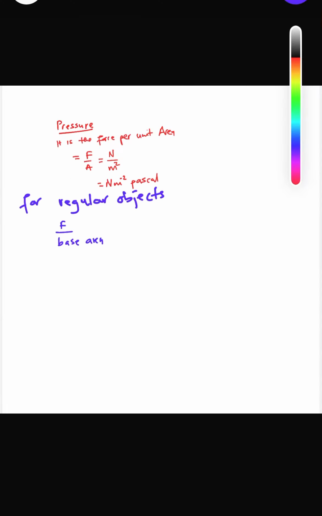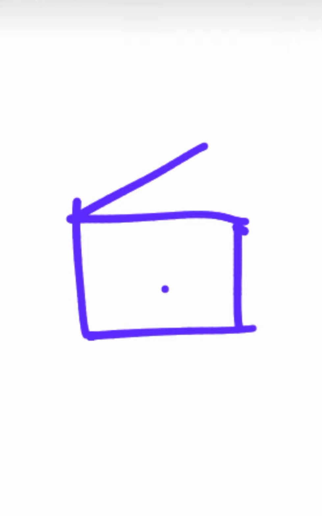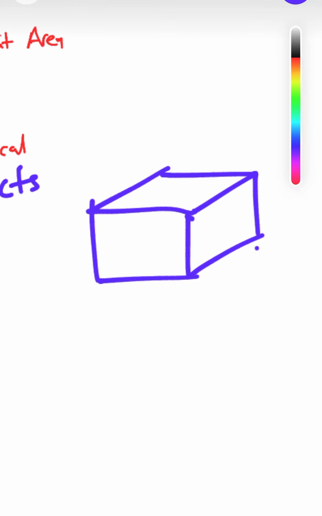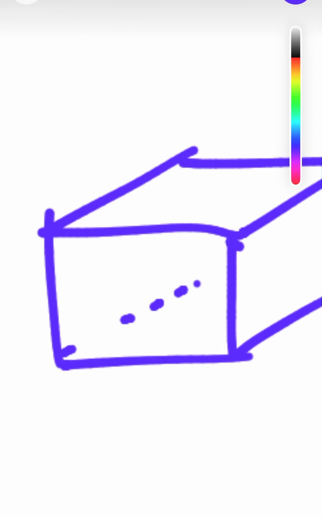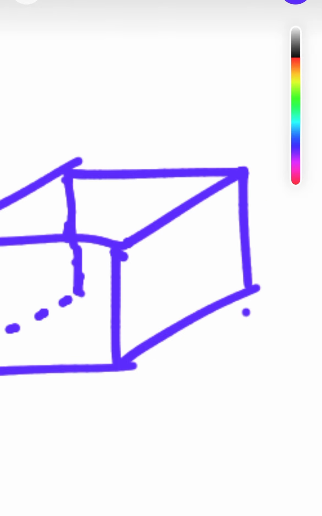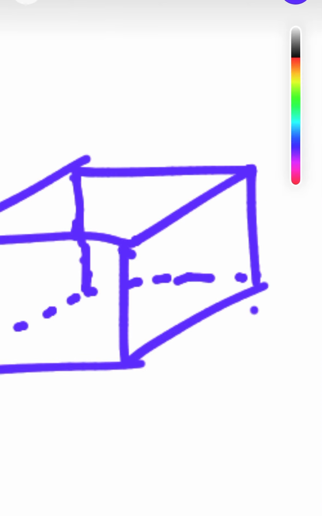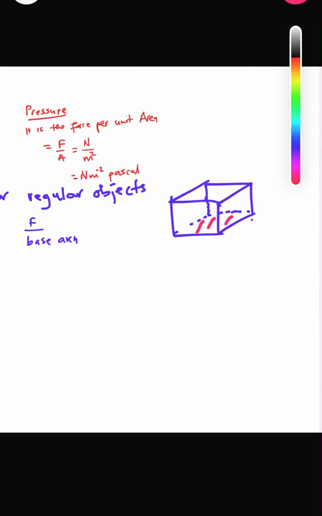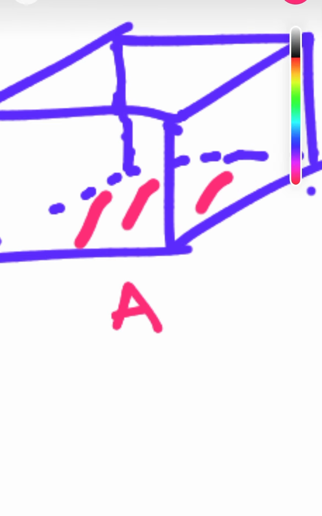So that's what we have. That's for regular objects. When I talk about regular objects, I'm simply talking about, say, I've got something like this. This is the shape that I have here, and of course it will have a base. So this base area, this one, is the one that I'm saying is the base area.